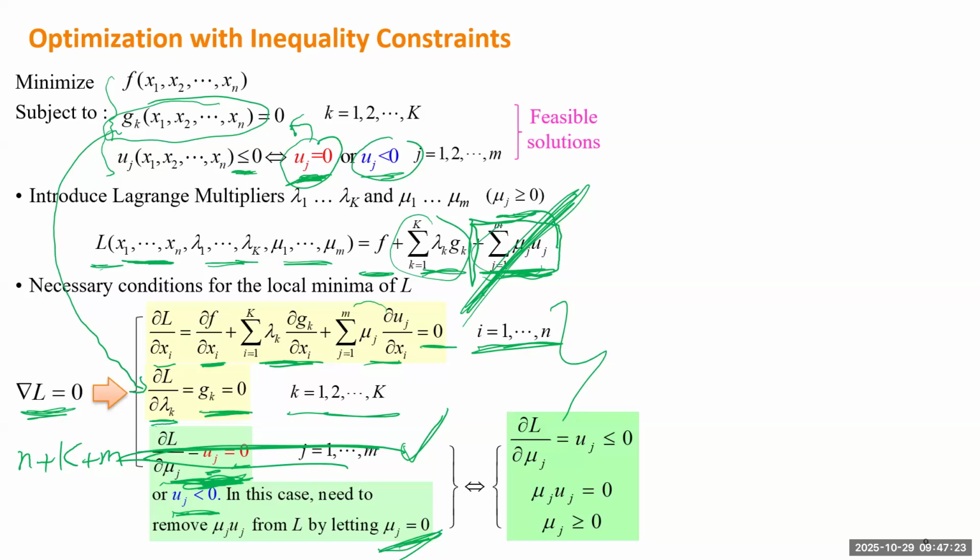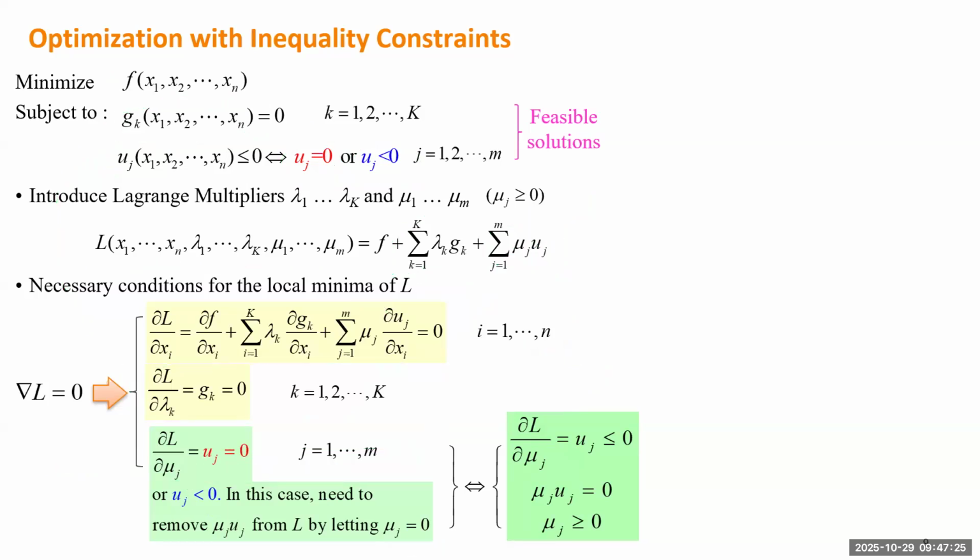So if U is 0, this one holds, this one holds. This one is from the original assumption. Okay, if U is negative, yeah, this is true.